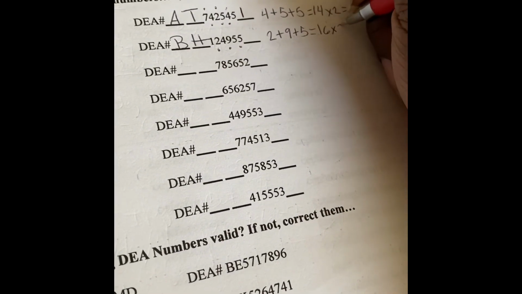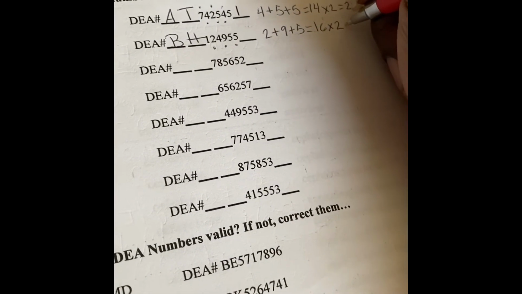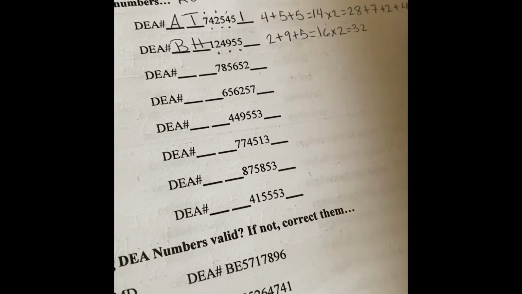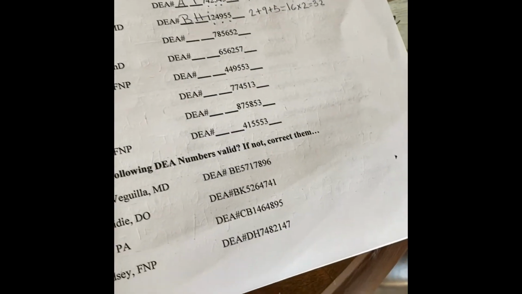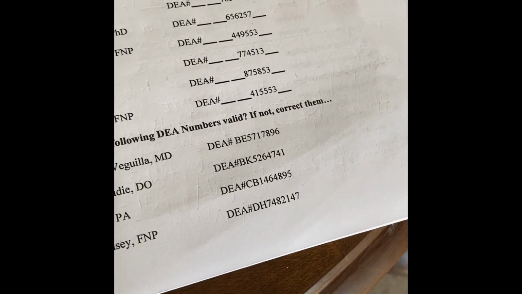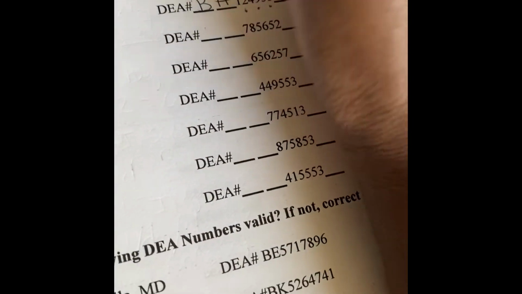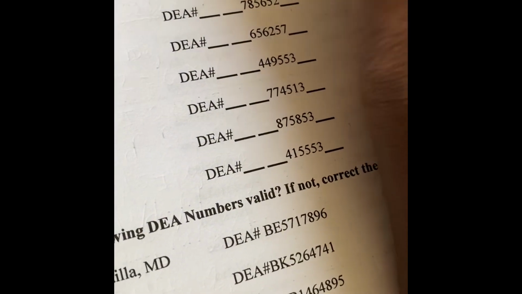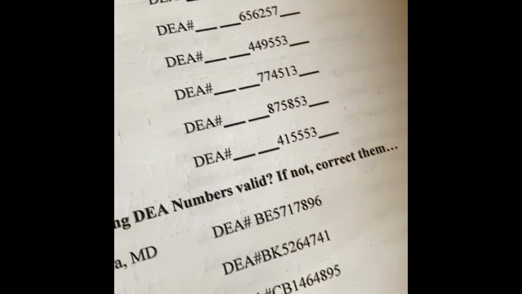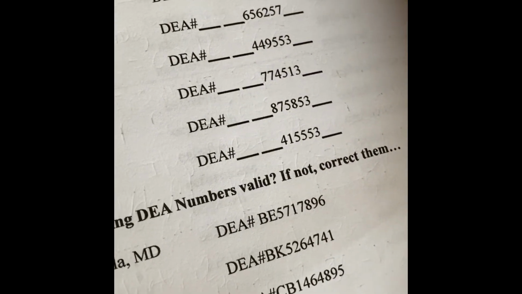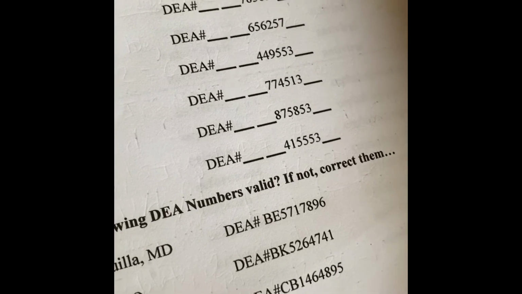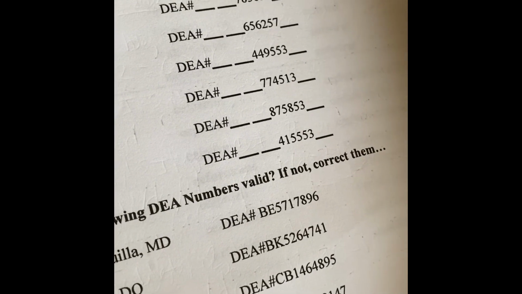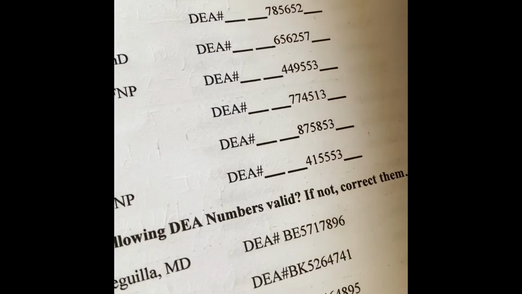And you multiply it by 2, which equals 32. And then we're going to do the 1 plus 4 plus 5, which equals 42. And it's going to be a 2.